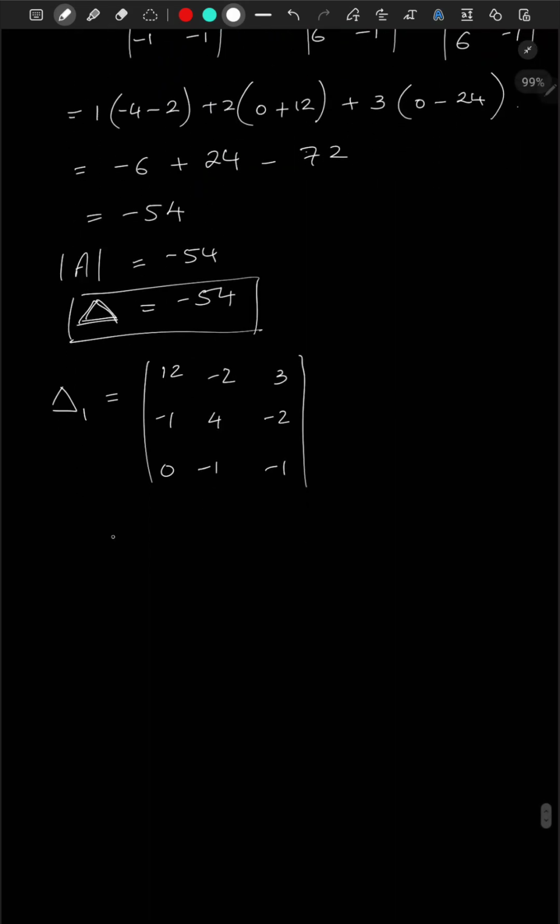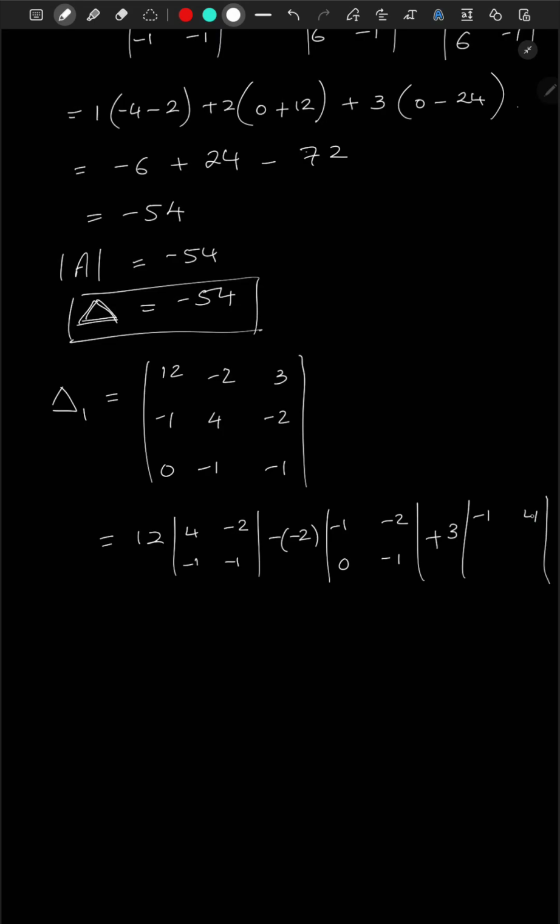Now we have to find the determinant of this matrix, which is 12 times the determinant of 4, minus 2, minus 1, minus 1, minus minus 2 times the determinant of minus 1, minus 2, 0, minus 1, plus 3 times the determinant of minus 1, 4, 0, minus 1.